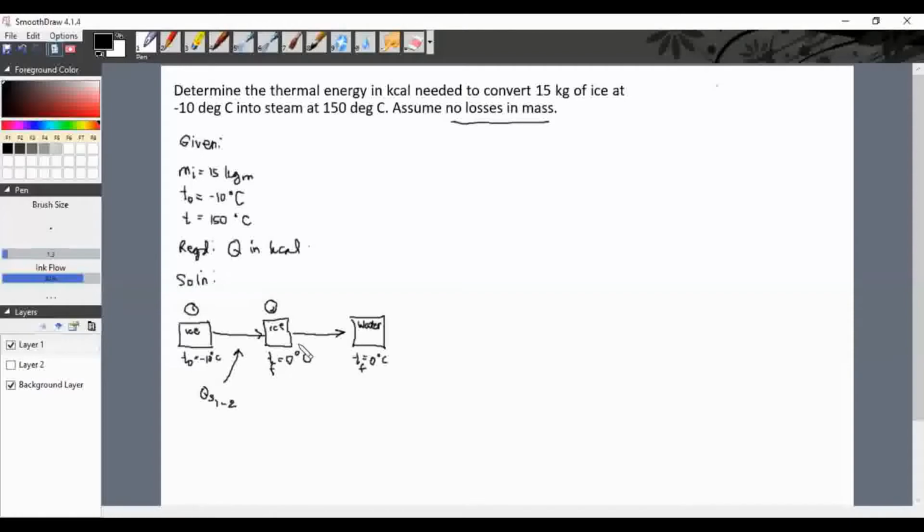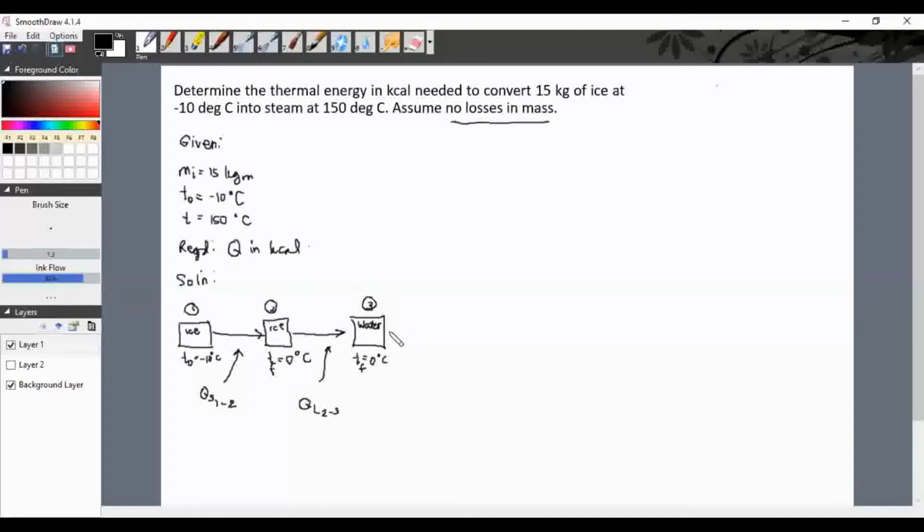Now, for this ice to change its phase without changing its temperature, kailangan natin ng tinatawag na latent heat, no? Let's say latent heat from condition 2 to 3. O, ito yung ating condition 3. So, tandaan natin na from negative 10, ipupunta natin siya sa 150.